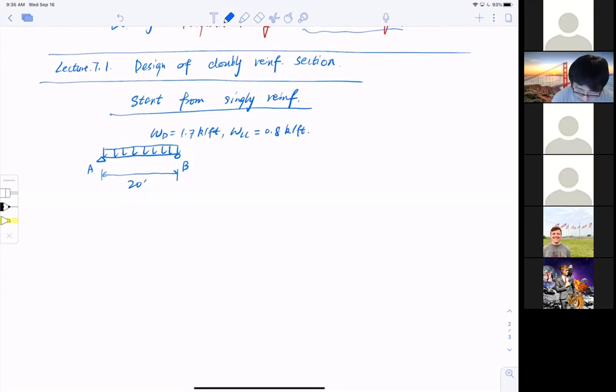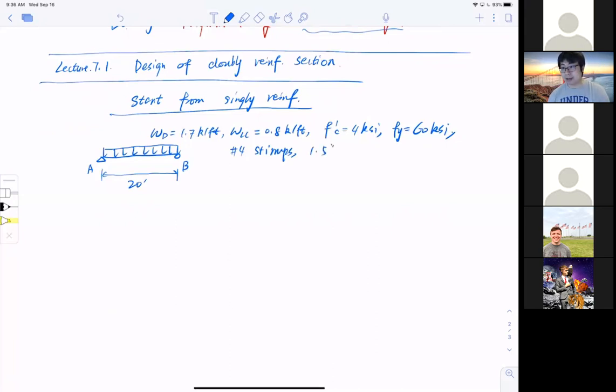Concrete strength is 4 ksi, normal strength concrete, and the yield strength of the bar is 60 ksi. We use number 4 stirrups, and the concrete cover is 1.5 inch.